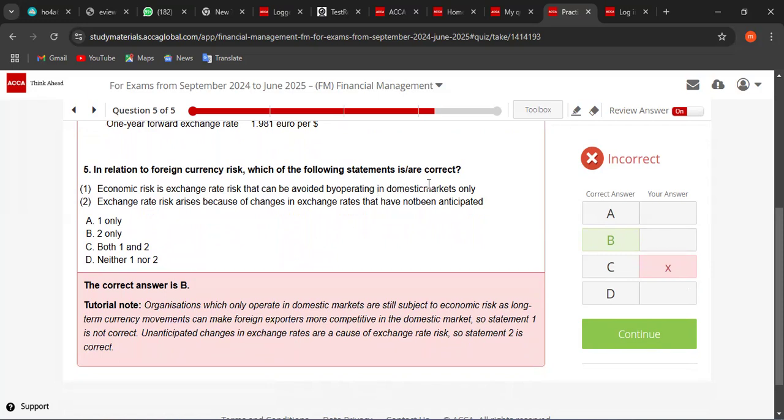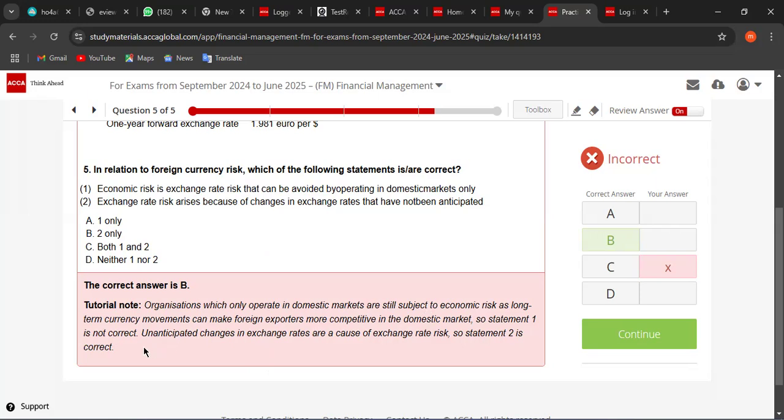Okay. The statement was true, but which of the following statements are correct? Economic risk is the exchange risk that can be avoided by operating in domestic markets only. Organizations which only operate in domestic markets are still subject to economic risk as long as currency movements can make foreign exporters more competitive in the domestic market.